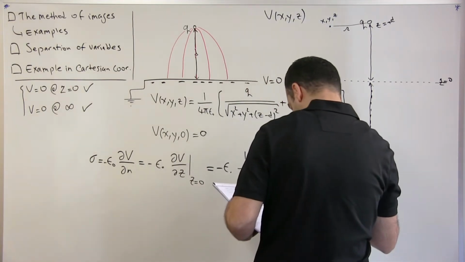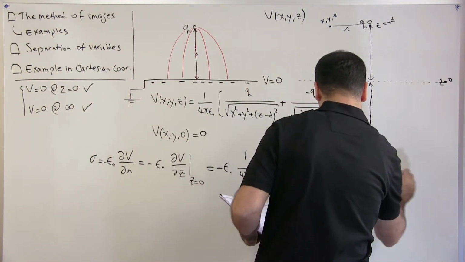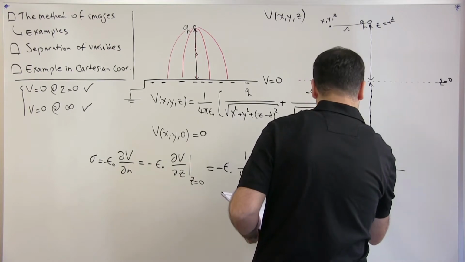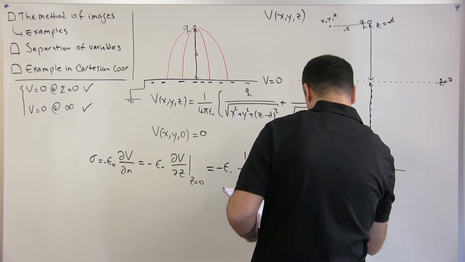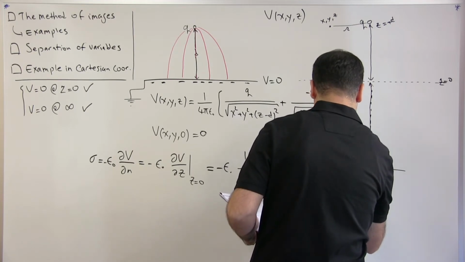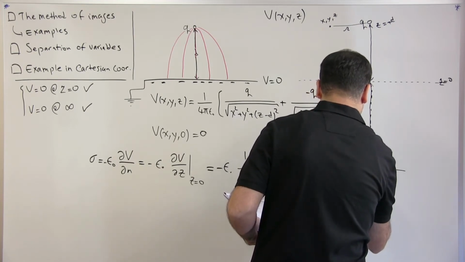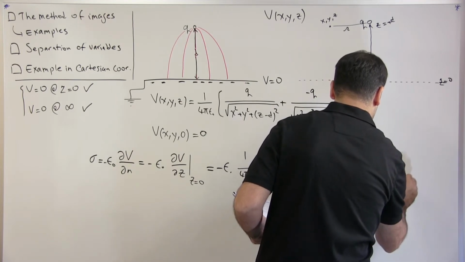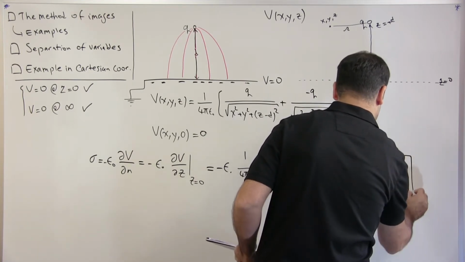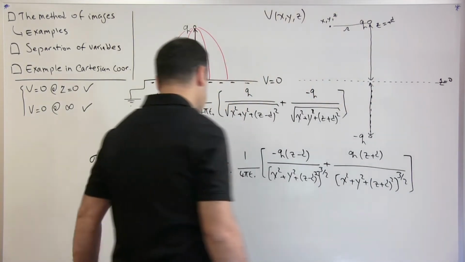And from the second term, we get q times (z plus d) over (x squared plus y squared plus (z plus d) squared) to the power of 3/2, all in bracket.